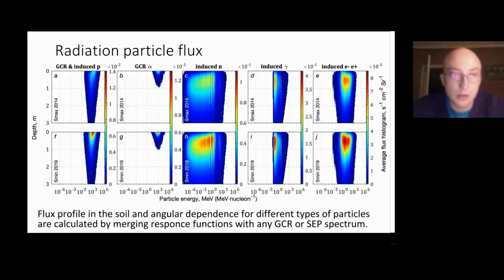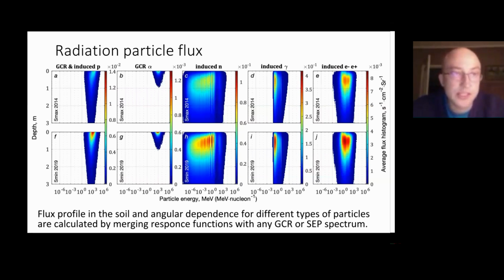On this figure you can see the histogram of the particle spectra induced by galactic cosmic rays during solar maximum and solar minimum in the lunar soil.